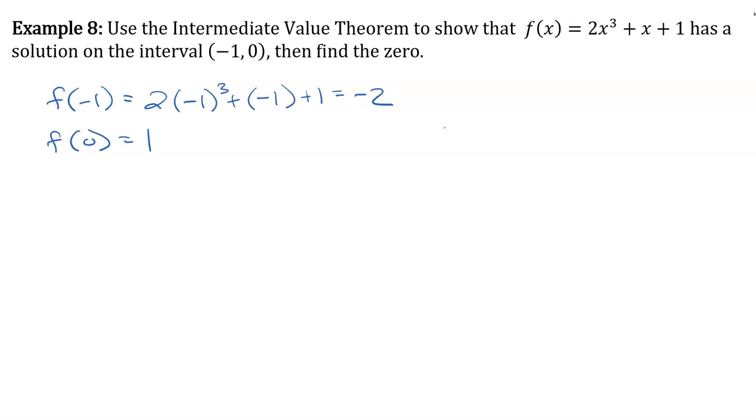So our intermediate value theorem has proven that we have a solution on this interval. Woohoo! We have continuity, we have negatives on the left, we got positives on the right, so we must have a 0 in the middle. That's what the intermediate value theorem says. So, we just need to figure out where it is.